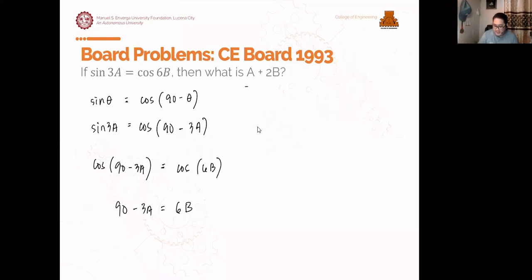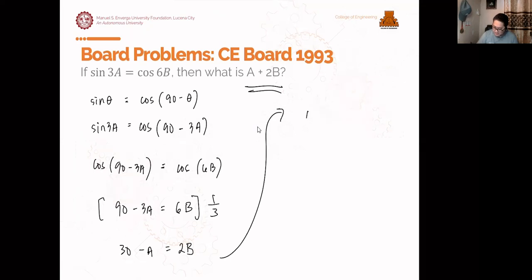Pero kailangan natin is a plus 2b. And as we can see, all of the given numbers or yung coefficient of each numbers are divisible by 3. So we can divide both sides of the equation by 3. So this will be 30 minus a is equals to 2b. Then we just have to transpose yung a.